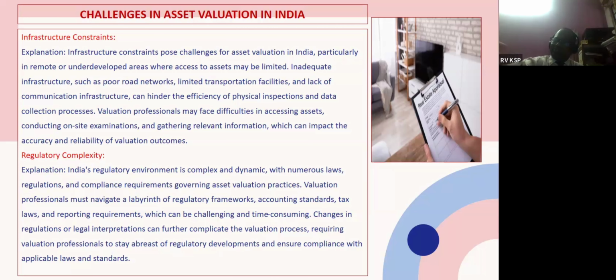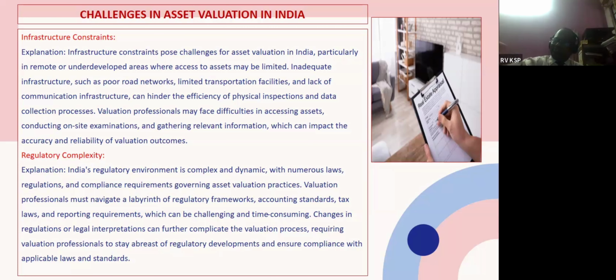Data availability and quality. The data availability and quality are significant challenges for asset valuation in India. Reliable data may be scarce or of poor quality, particularly for non-traditional assets, that is niche markets. And limited access to timely and accurate data can hinder valuation professionals.